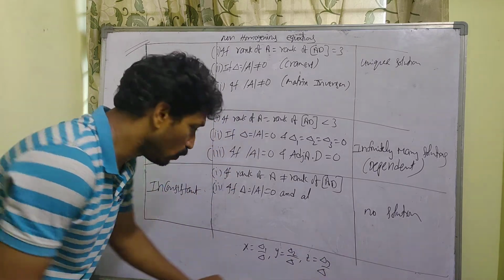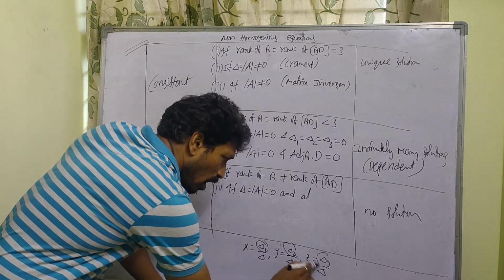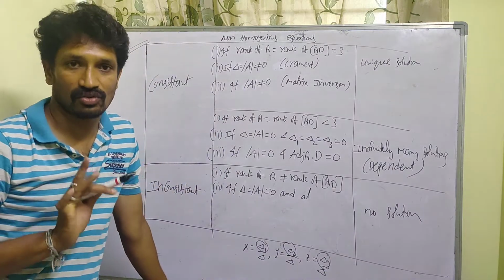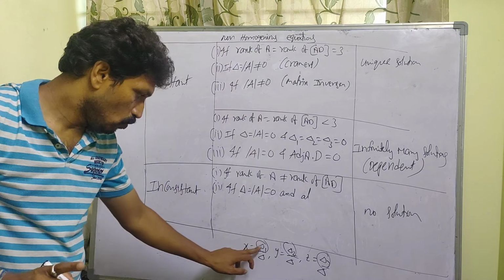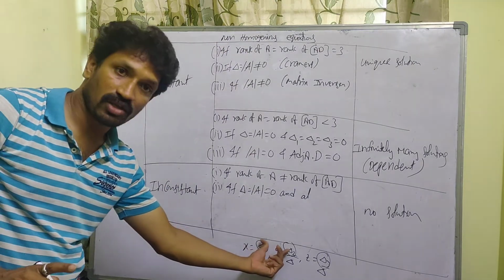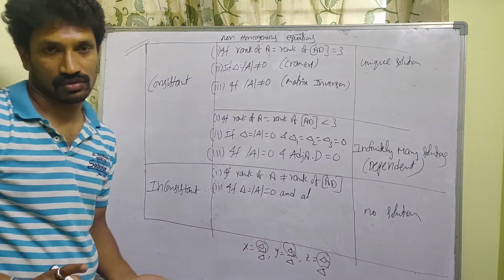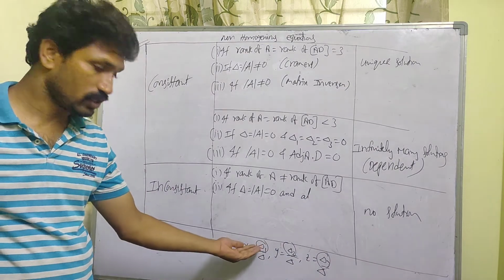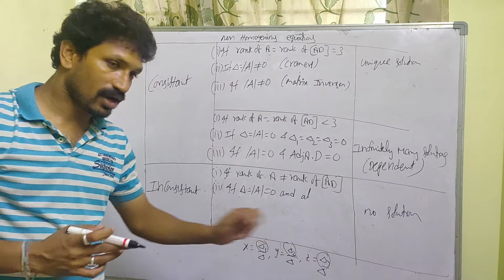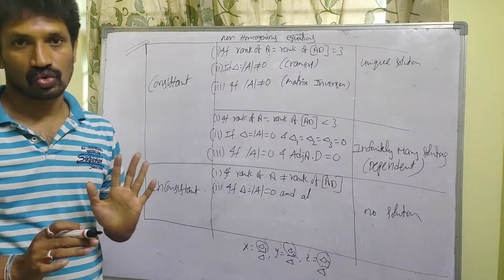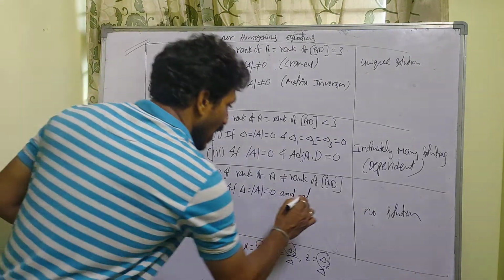If delta is equal to 0 and all of them are zeros, it has infinitely many solutions. At least one of them non-zero means one is non-zero, or two are non-zeros, or all three are non-zeros. Non-zero means any number except 0. Then it has no solution.